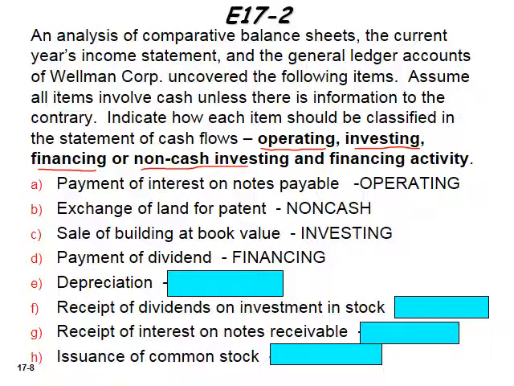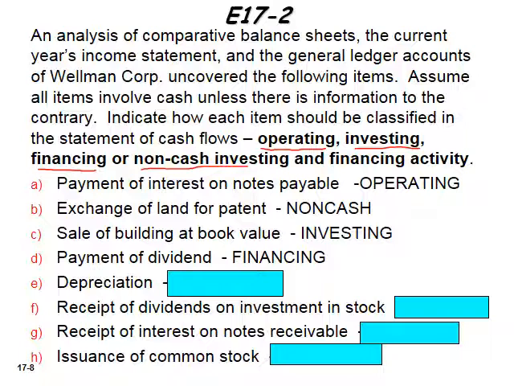It doesn't hold for stock dividends. So the declaration of a cash dividend does not affect the statement of cash flows because there is no cash. The payment of the dividend, there is a cash flow. The payment of a stock dividend, there's no cash flow, so it doesn't show on the statement of cash flows because it's just a distribution of a stock.